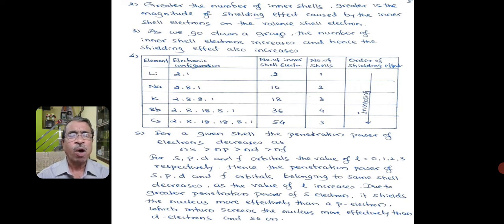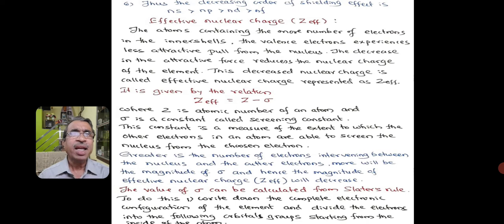Hence, the penetration power of s, p, d and f orbitals belonging to the same shell decreases as the value of l increases. Due to greater penetration power of an s electron, it shields the nucleus more effectively than a p electron, which in turn screens the nucleus more effectively than d electrons, and so on. Thus, the decreasing order of shielding effect is ns > np > nd > nf.